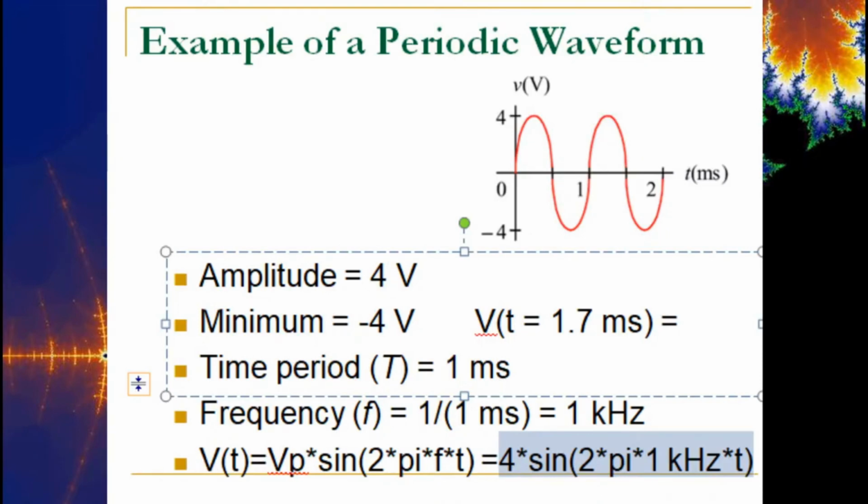You probably have a pi key on your calculator as well. It's always different on every calculator. That one's not really standard. 2 times pi times 1k hertz, so 1e3 for me, times 1.7e negative 3, because that's milliseconds, and then I'm going to take 4 times that whole thing.